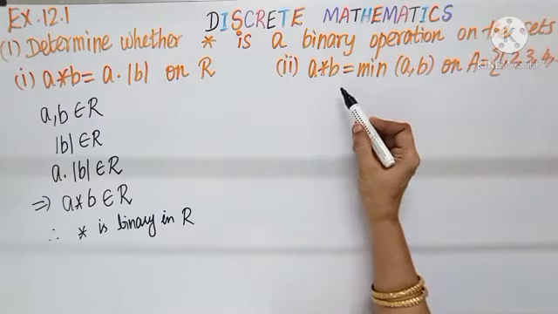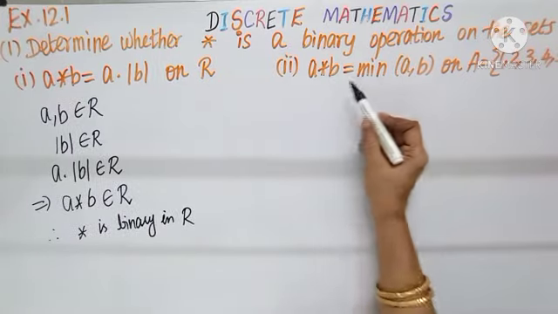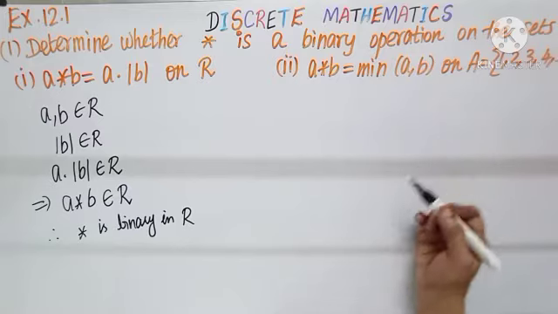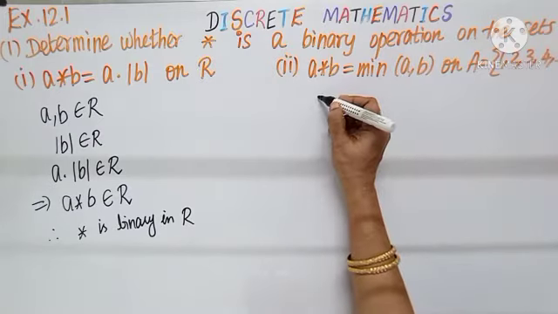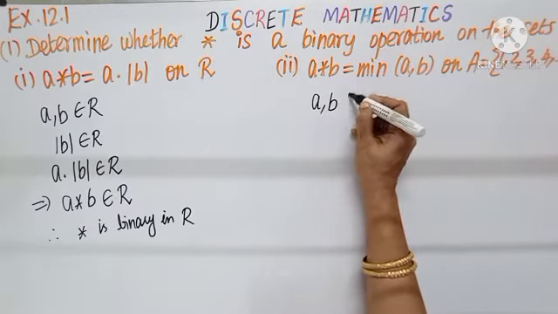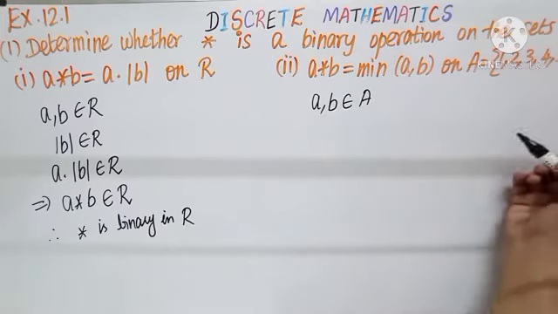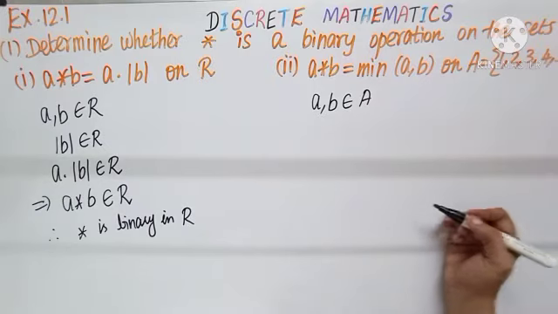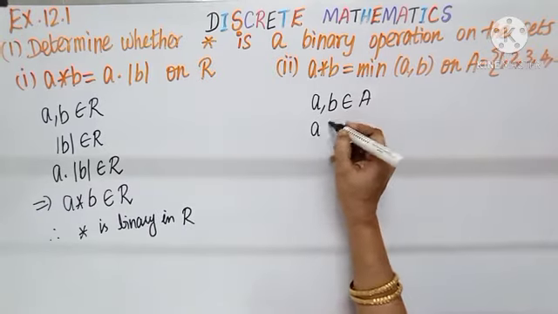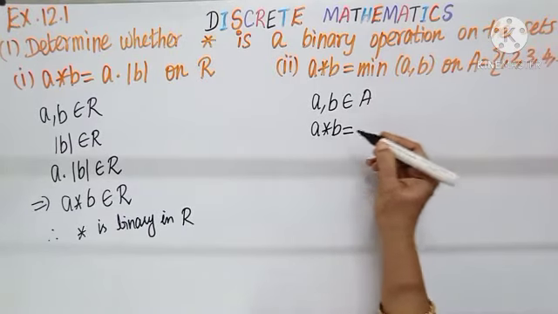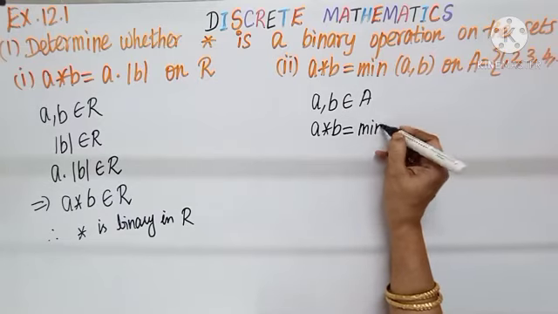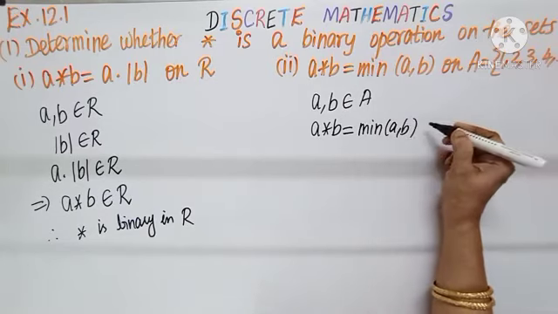Second subdivision, A star B equals minimum of A comma B. How will you define? A comma B belong to capital A. What is A in this problem? 1, 2, 3, 4, 5. Now what does star say? Star tells find minimum of A comma B. What does this mean?